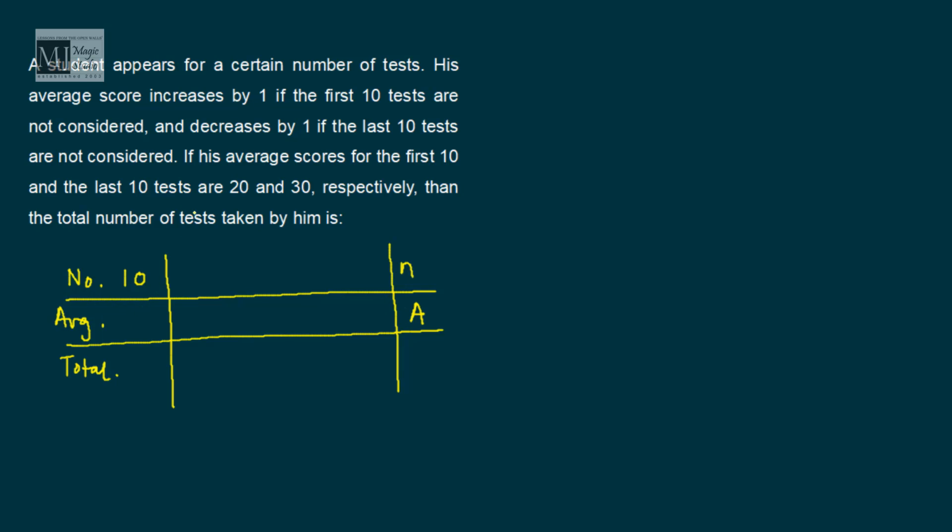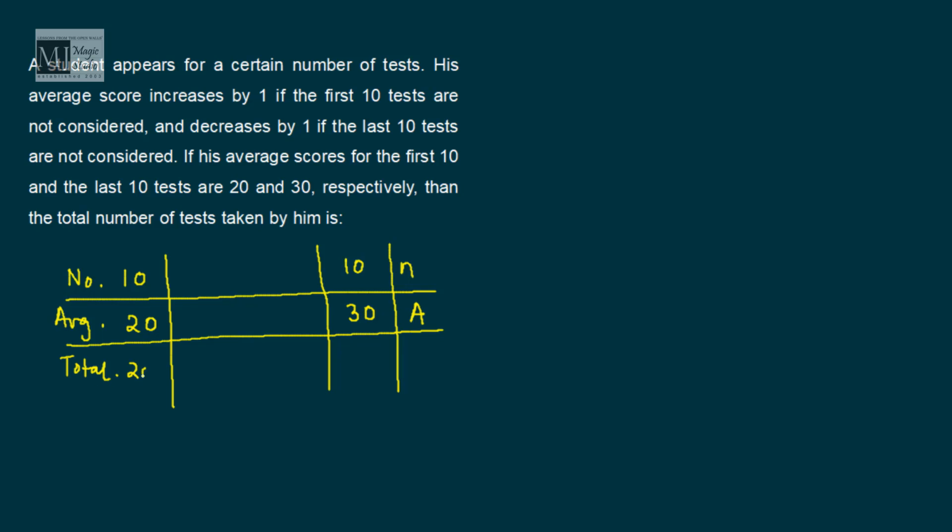Fine. And decreases by 1 if the last 10 tests are not considered. Suppose these are the last 10 tests. If we are not considering these tests, then the average would decrease by 1 rather. If his average score for the first 10 and the last 10 tests are 20 and 30. Now this is given, this is 20 and this is 30.